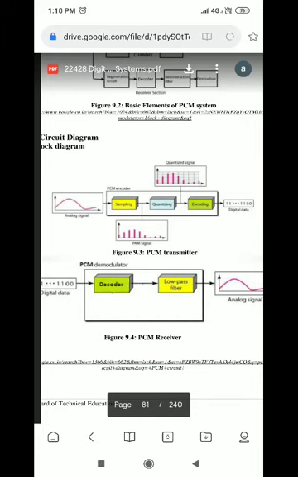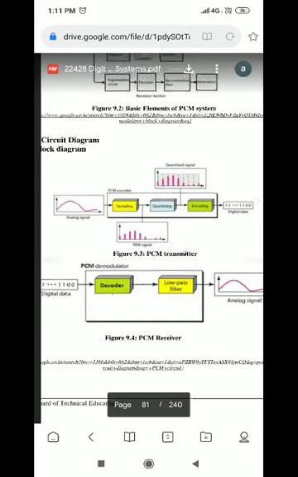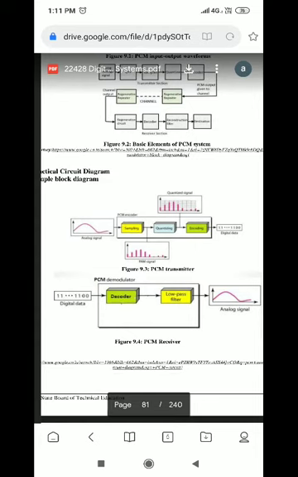First we give the analog signal to the sampling circuit, then that signal is given to the quantizing unit, then that signal is encoded into digital data. The second diagram is the PCM receiver. That digital data is given to the decoder circuit, then it passes to the low pass filter and then the output will be the decoded analog signal.